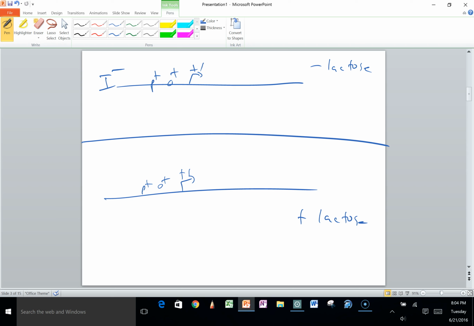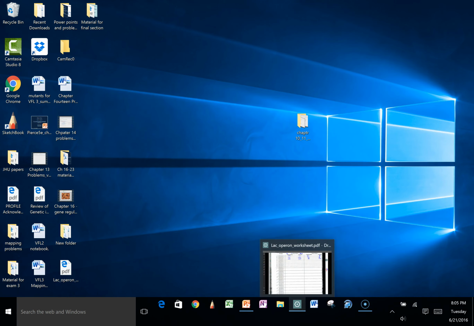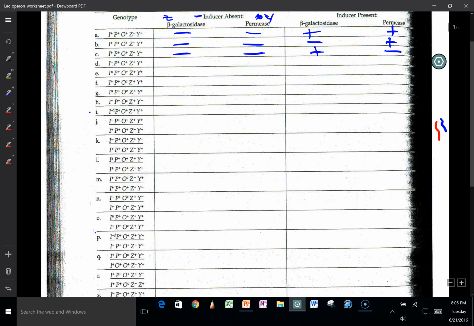So these are two different situations. So this, no repressor. If there's no repressor, then there's nothing to turn it off, so it's on. In the presence of lactose, it's on even if there is a repressor, but we don't have a repressor, so it's always on. So that's the phenotype of I minus. Everything's always on.